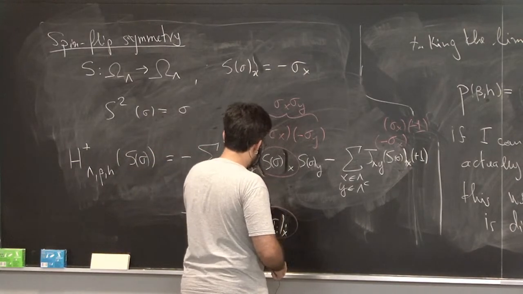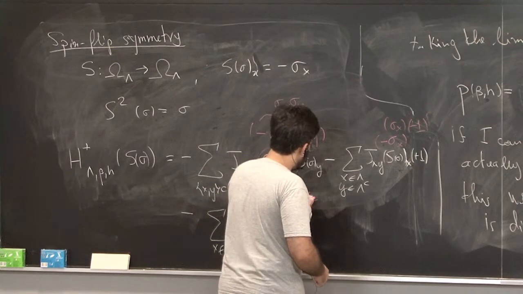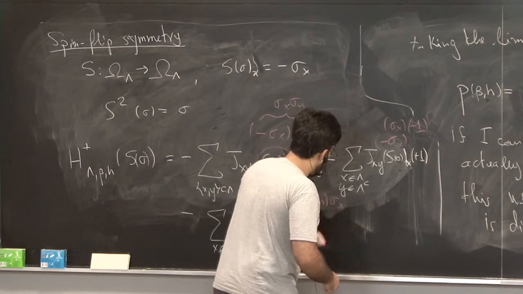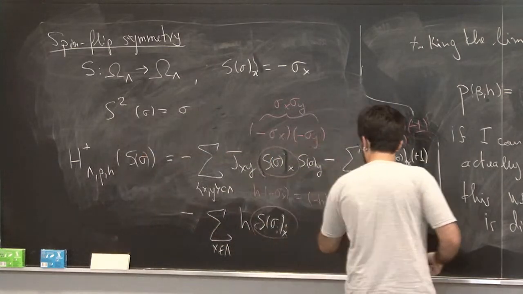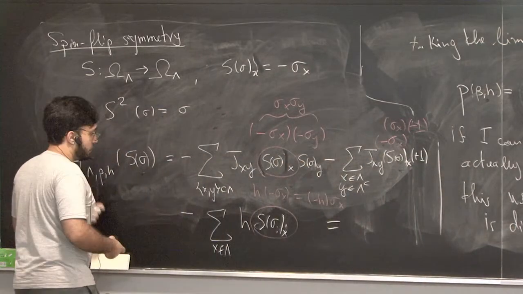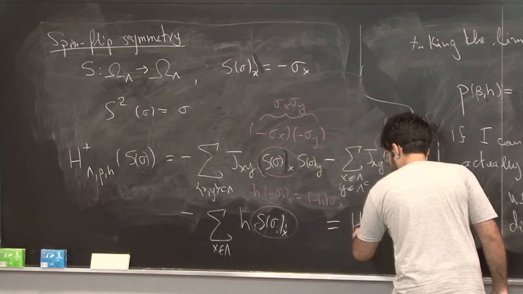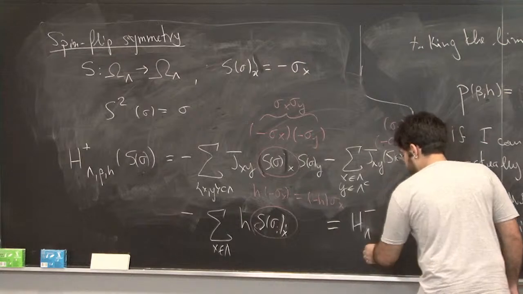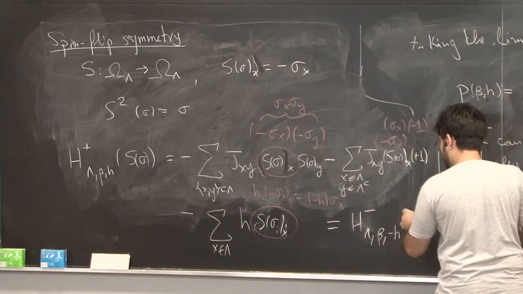Similarly, since I have h times minus sigma x, I can write this as minus h times sigma x. So the spin flip action on the plus boundary condition Hamiltonian will give me the minus boundary condition Hamiltonian. The field will also be flipped.